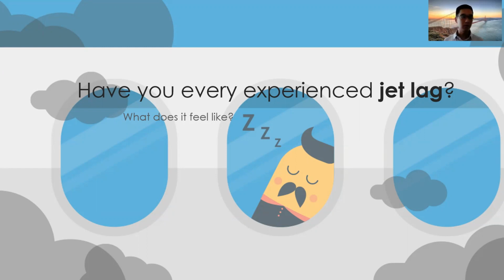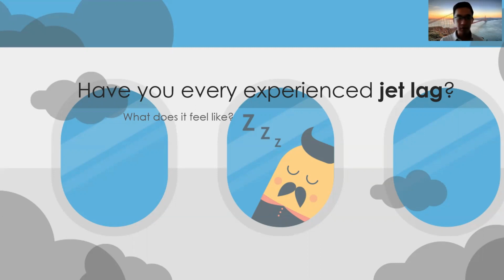So when the night is coming in the original time zone, we feel sleepy. We want to go to sleep, even though our physical body is in a new time zone. In that new time zone, it's not the night yet, for example. But our internal biological clock is used to that old time zone. So that's when jet lag is happening.